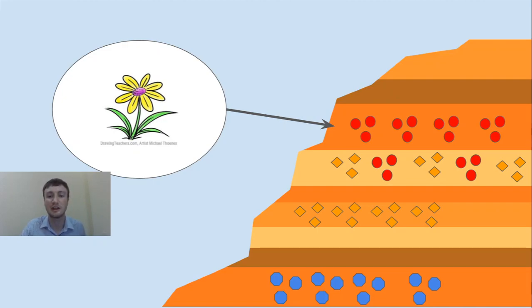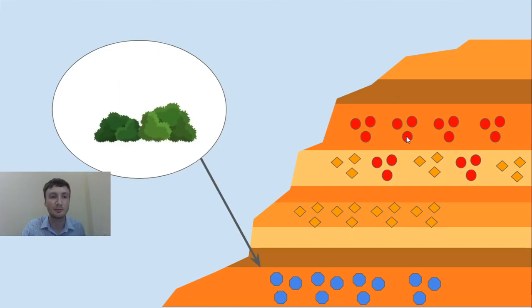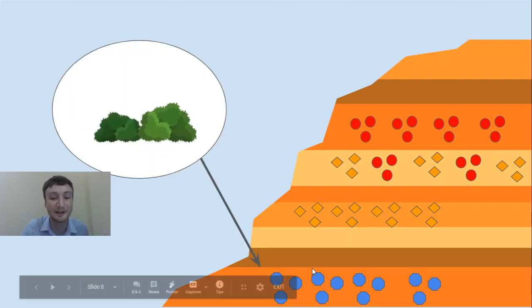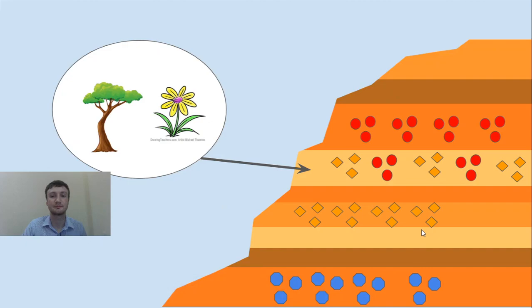Okay, so we can carry on doing that. We can look at the yellow diamonds. Oh, apparently we're skipping them. We can look at the blue octagons and we say, there must have been lots of bushes around when this layer of rock was put down. And obviously you can have lots of different types, so it doesn't just have to be one type.